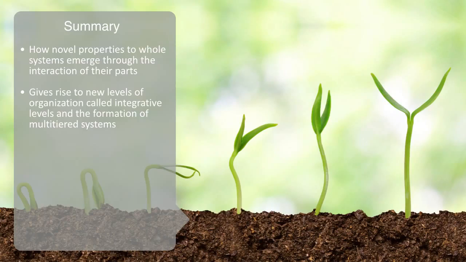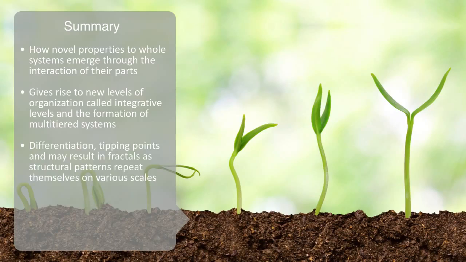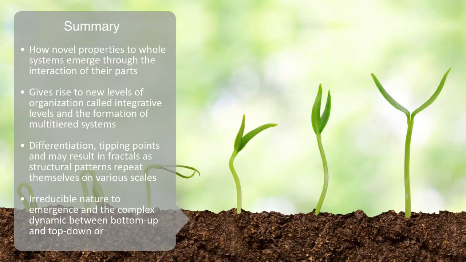We looked at how this process involves differentiation, tipping points, and may result in the formation of fractals, as structural patterns repeat themselves on various scales. Finally, we discussed the irreducible nature to emergence and the complex dynamic between bottom-up and top-down forms of organization that is an inherent part of these complex engineered systems.